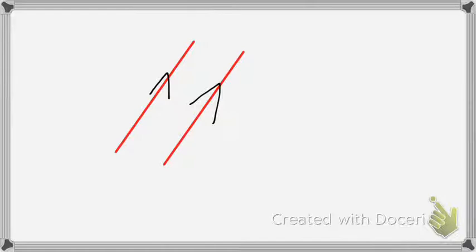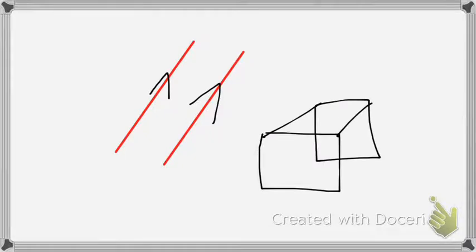And skew lines are something that a lot of people have difficulty with. So let's go over that. If we have a box here, then those 2 red lines are going to be the top corners of the box. Those are going to be parallel, because the reason they don't touch is because they're parallel.